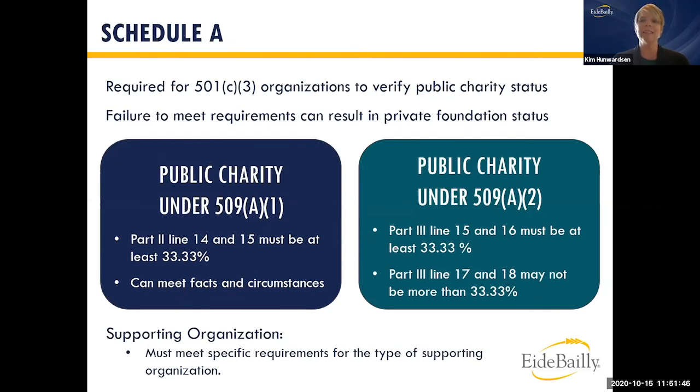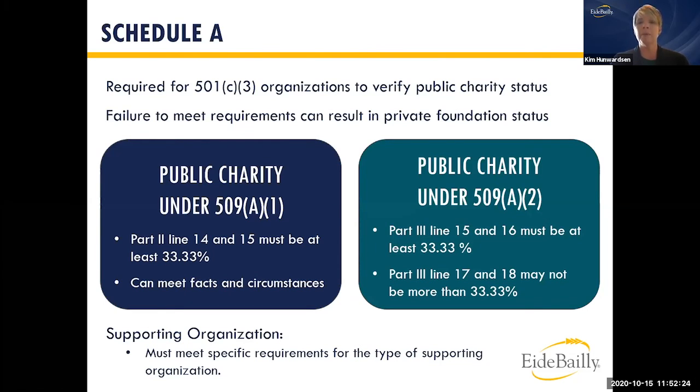And in this case, after the calculation is being done, and there's some restrictions on how much in the calculation you can include from each donor that's not another public charity, basically, when you get to the end of the calculation, the amount of support that's coming from the general public has to be at least 33 1/3% for the current year and prior years. And this is a 5-year look back test. There is a facts and circumstances test that organizations can meet if their support is above 10%.